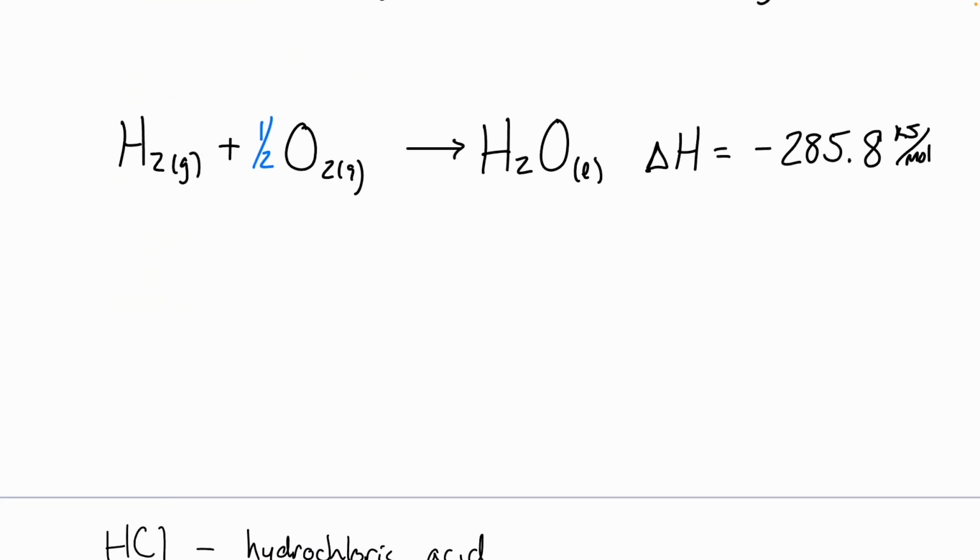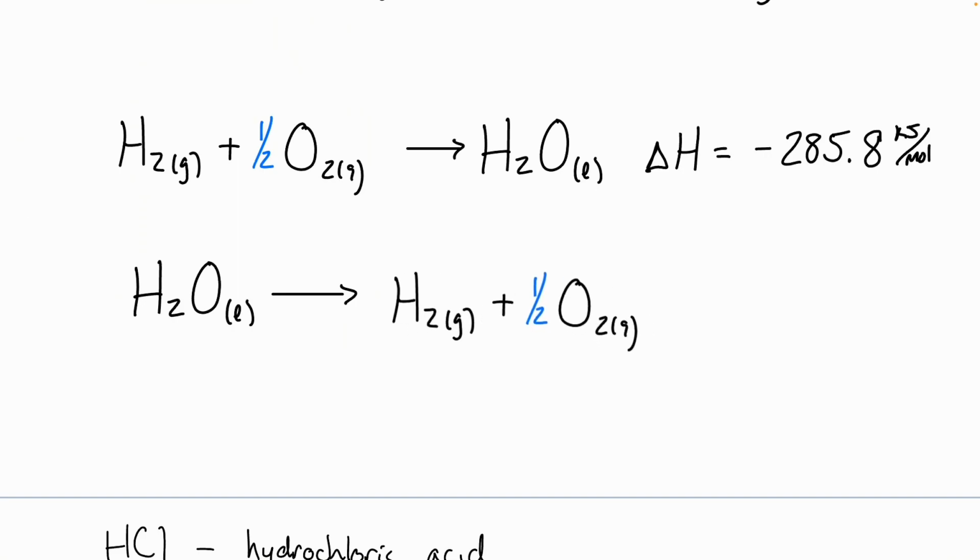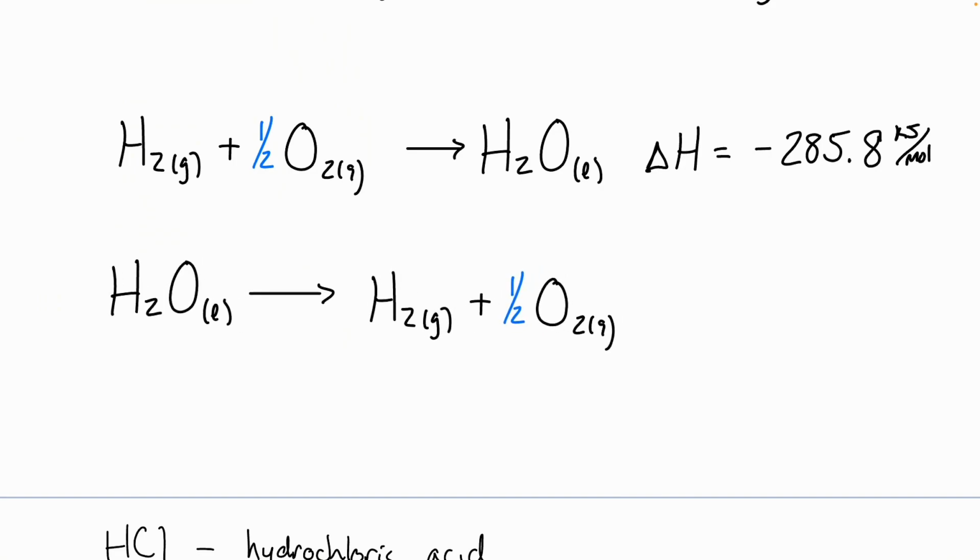If instead we looked at the reverse reaction, we switch these around, well, if that reaction above released that 285.8 kilojoules per mole, this reverse reaction here would absorb 285.8 kilojoules per mole. Right?